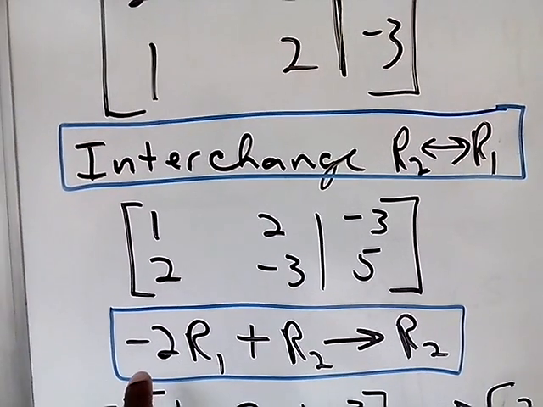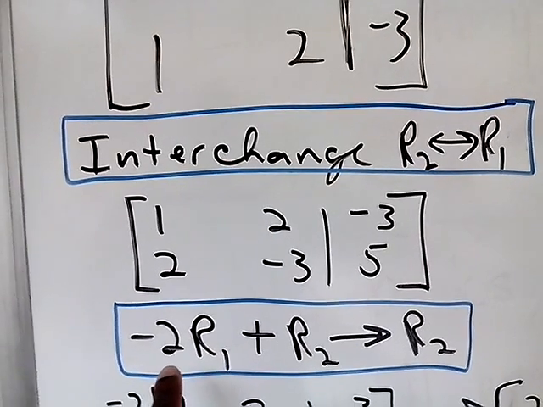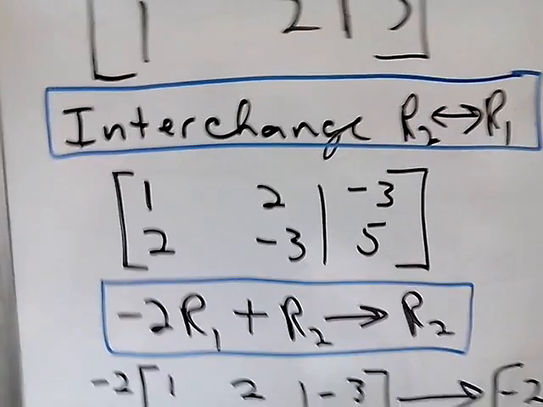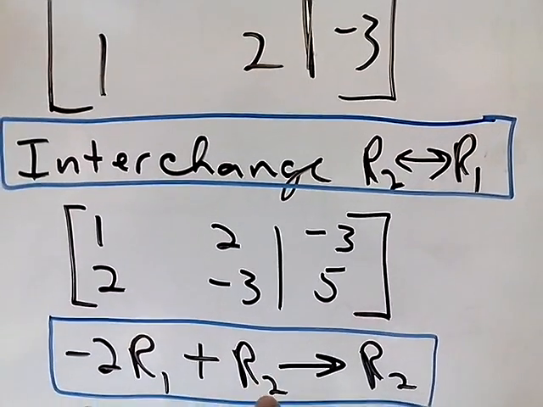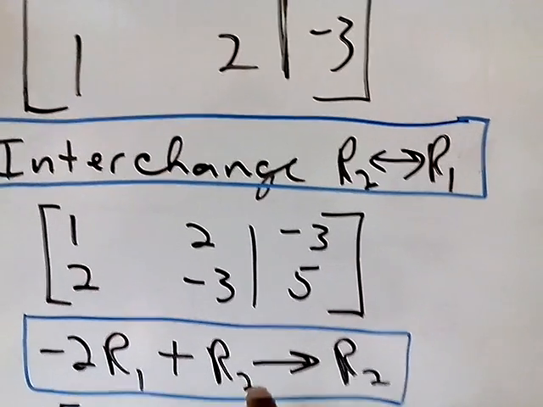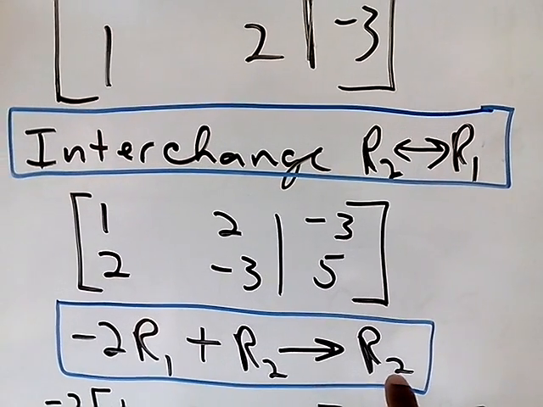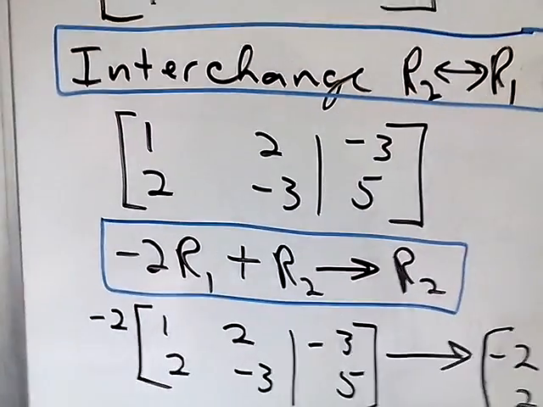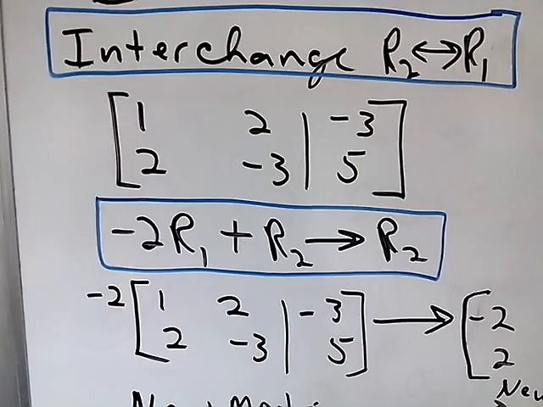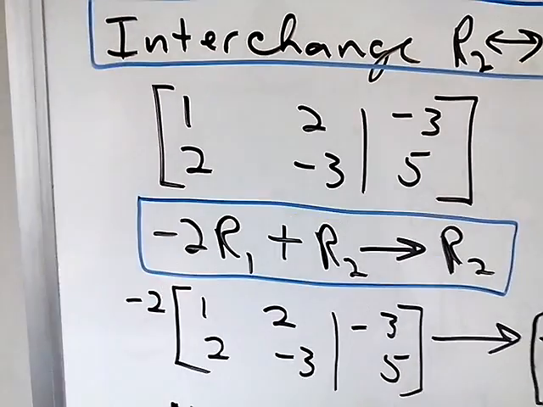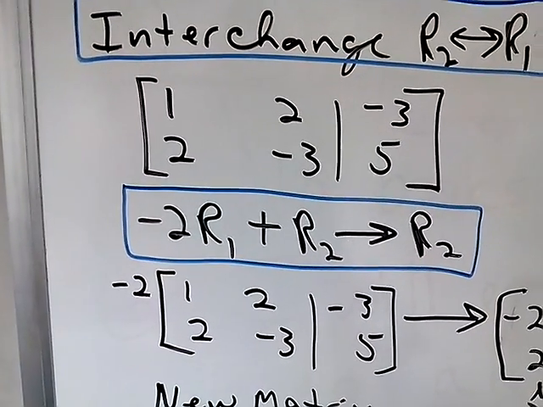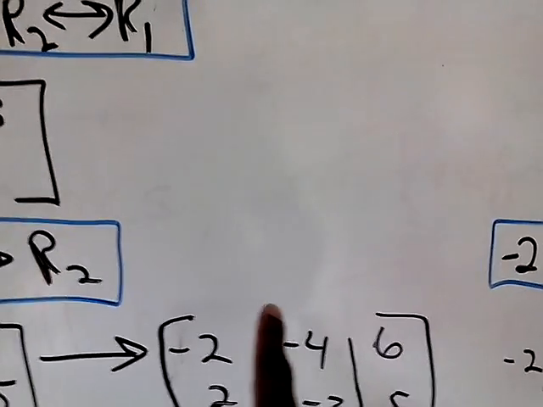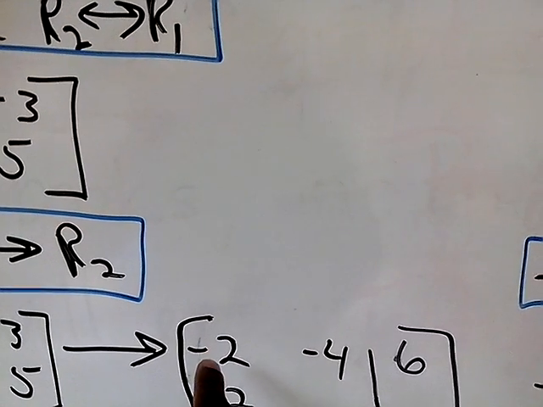So what we can do is multiply row 1 by negative 2, and then add that result to row 2 and replace row 2 with that. Multiplying row 1 by a negative 2 will get us a 0 when we add the two rows together. This is the result of multiplying row 1 by a negative 2.